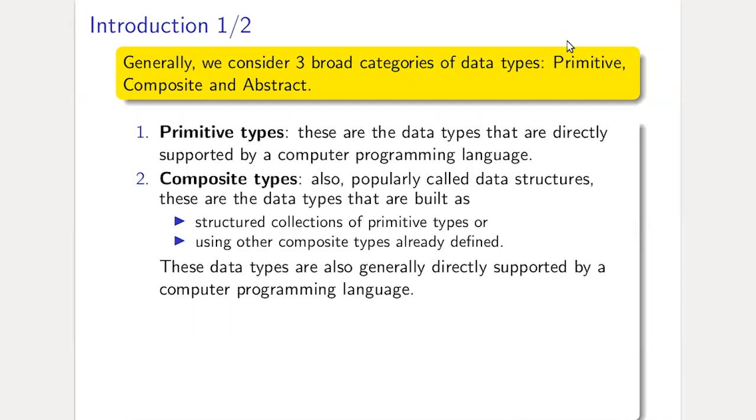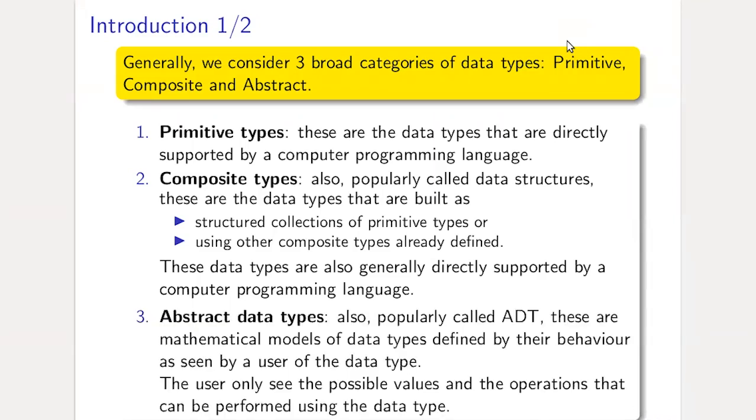So these two types, the primitive types and composite types, are part of the programming language. So when you learn, for example, Python, you learn about these primitive types and composite types and the operations that are possible with them. And the third type is the abstract data type. These are essentially data types that we create as engineers and programmers.